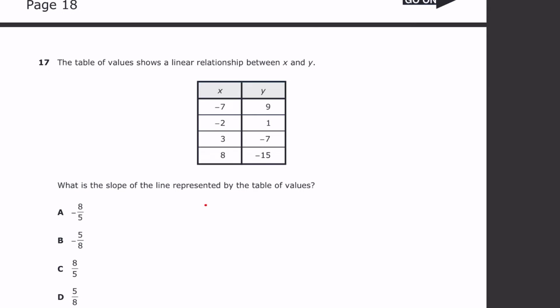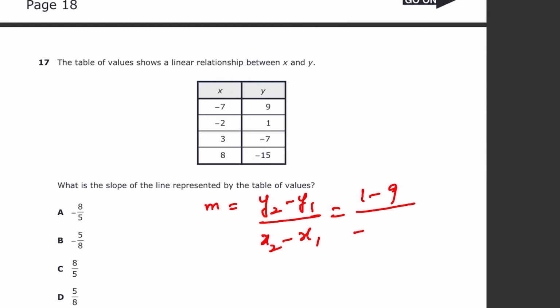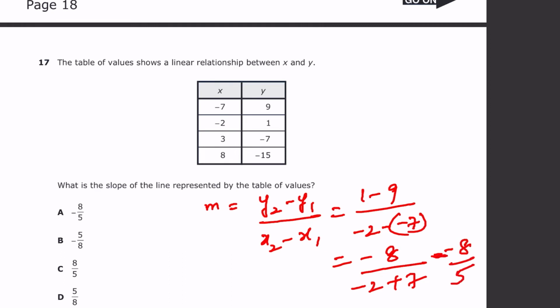Slope is represented by m, which is y2 minus y1 divided by x2 minus x1, which is equal to 1 minus 9 divided by minus 2 minus minus 7, which is equal to minus 8 divided by minus 2 plus 7, which is equal to minus 8 by 5. So minus 8 by 5 is the slope of the line represented by the table of values. So A is the answer.